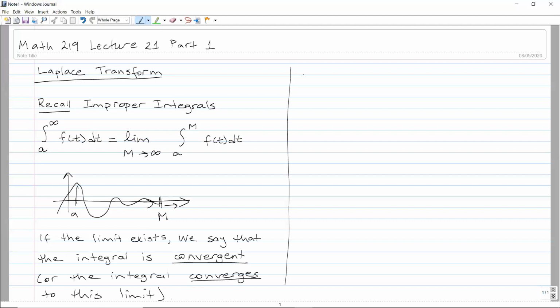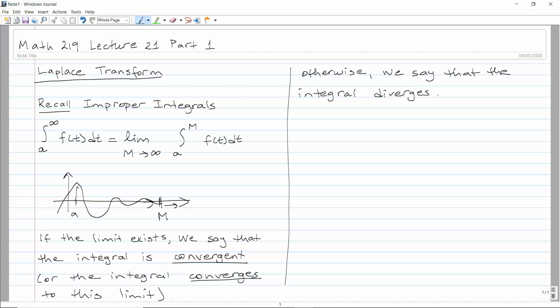Otherwise, if the limit doesn't exist, we say that the integral diverges. When we define the Laplace transform, we will have a chance to consider examples of improper integrals, so I'm not going to do examples now.